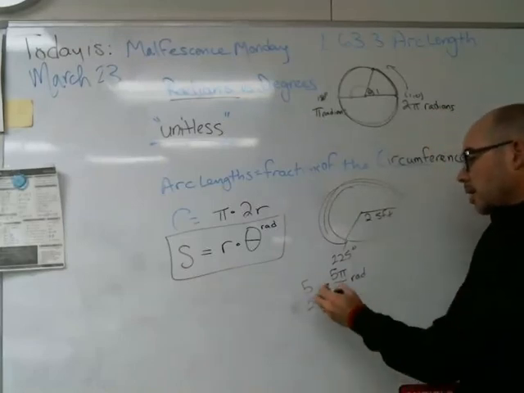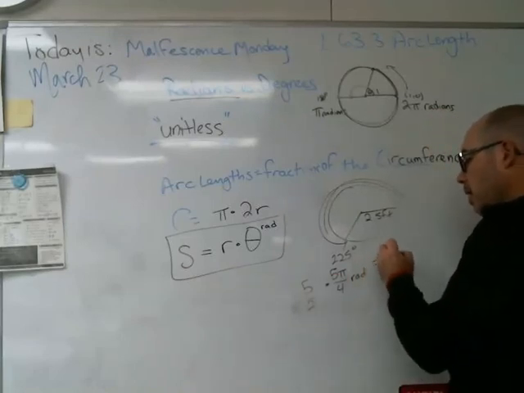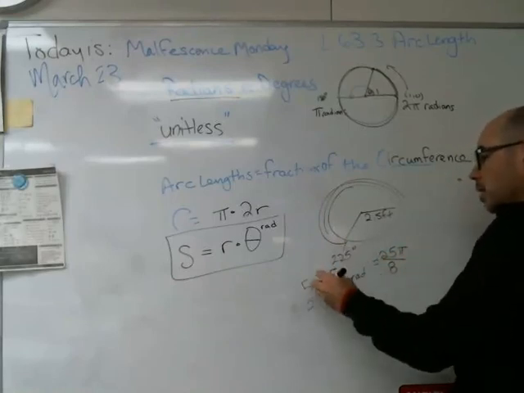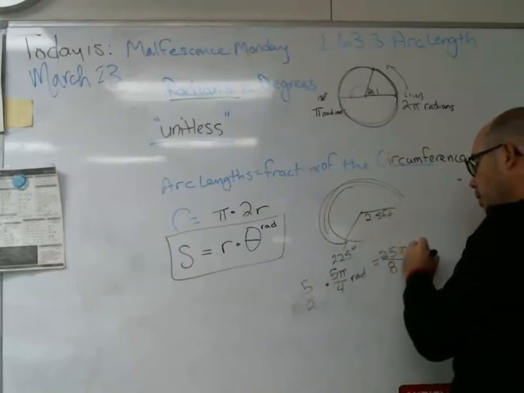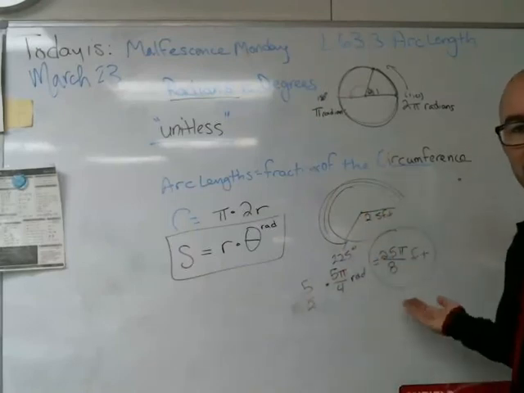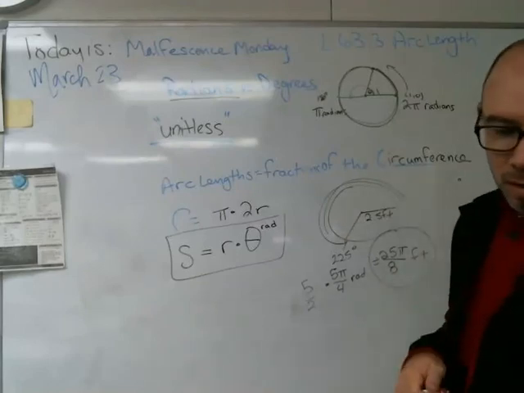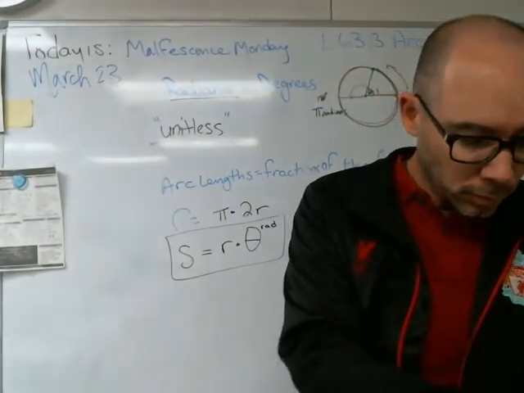That makes the math a little nicer. We've got 25 pi over 8. Then for our units, we take off the radians, and our units are in feet. We're going to leave it like that because that's an exact answer. Or if you want to, you can use the pi button on your calculator.